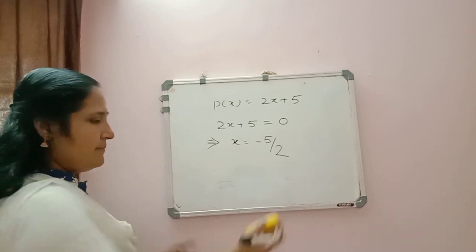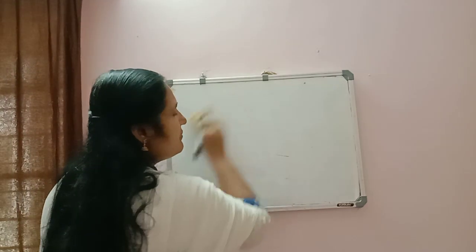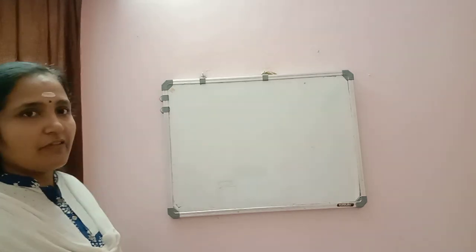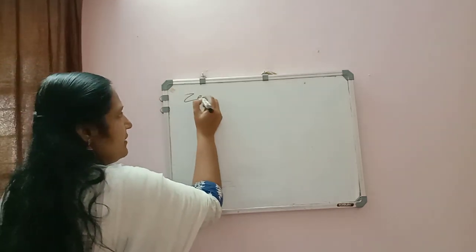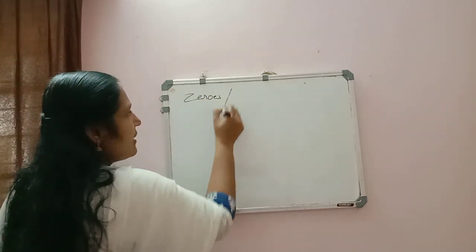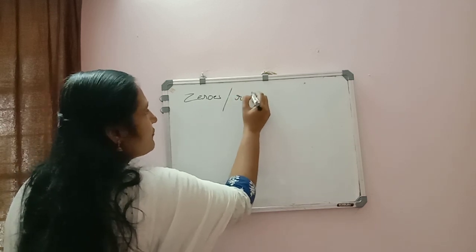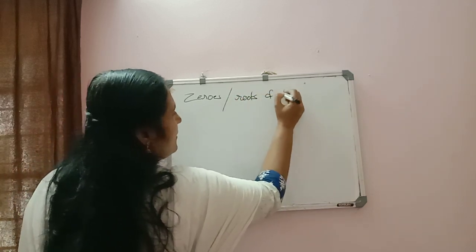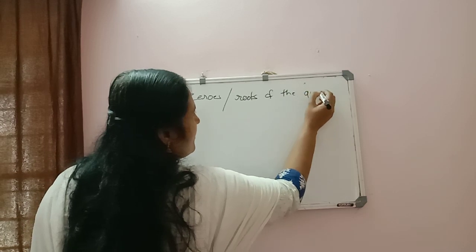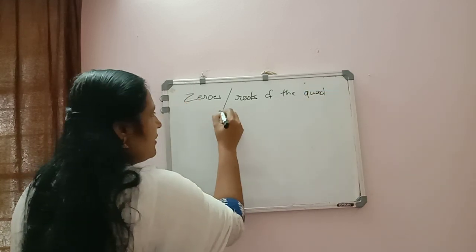In the same way, now we will check how to find out the zeros of a quadratic polynomial. Zeros are also called roots of the quadratic polynomial.